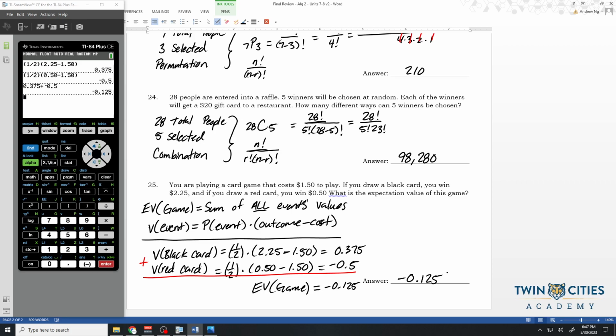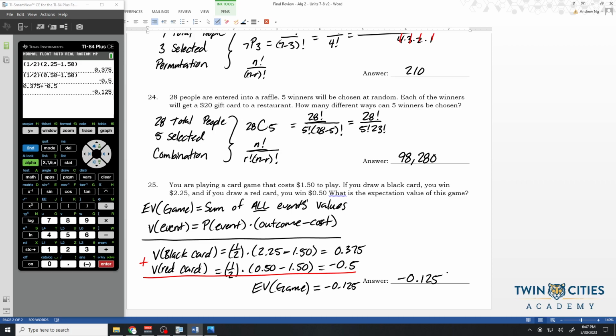This is if I were to play 100 times, 1,000 times, a million times, then if I look at the average, I'm going to win some, I'm going to lose some. But the average says that every play, I'm going to lose about 12.5 cents. If the expectation value is positive, that means I would walk away with money.